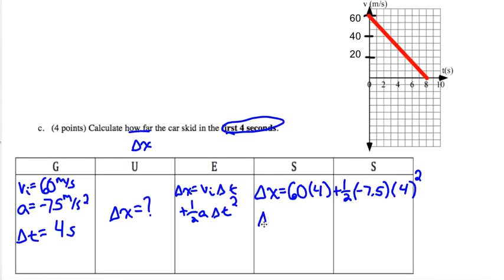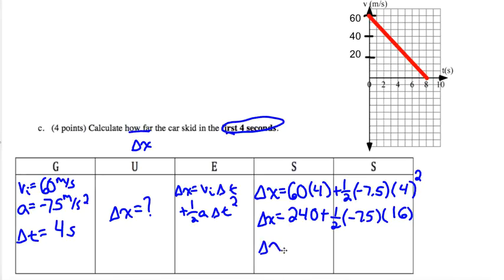Okay, so solving this mathematically, you'll do each side separately, so 60 times 4 gives you 240. On this side, since we have an exponent, that's our first step. We have to square the 4 first. 4 squared is 16. So that's what we'll multiply by. So 1/2 of negative 7.5 times 16.